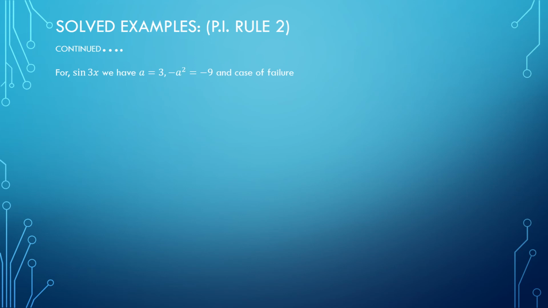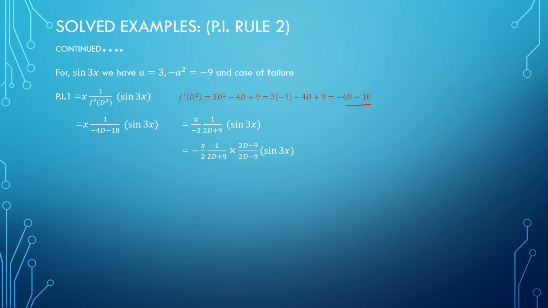When I solve my particular integral 1 for sin 3x, I am going to get a case of failure, I know. So x will be multiplied. F dash of d square, if I find, I'm getting minus 4d minus 18 after simplification. I'll simplify it first.